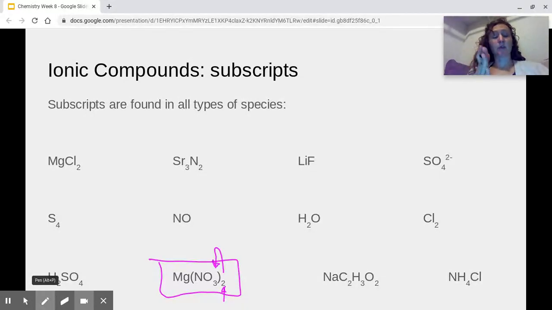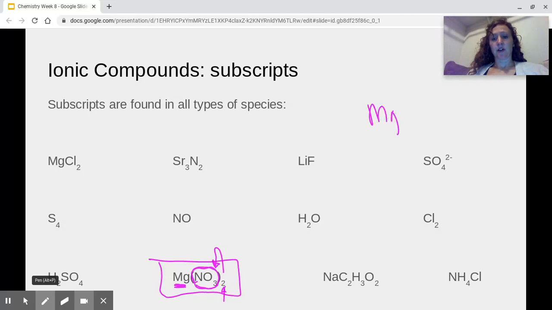If subscripts describe the thing that they directly follow, what is that 2 describing? Well, that 2 is describing everything in the parentheses. So basically, you're going to have a magnesium. You're going to have this bundle right here, and you're going to have that bundle twice.